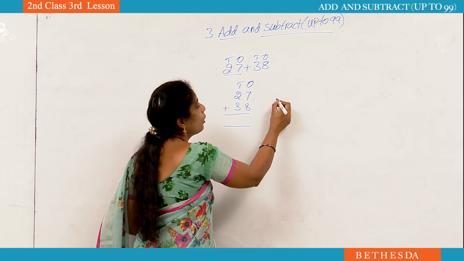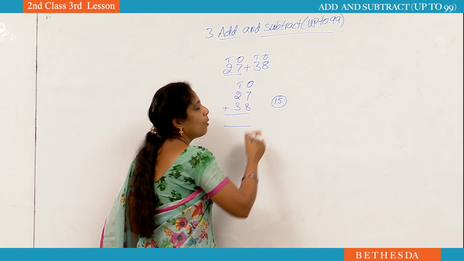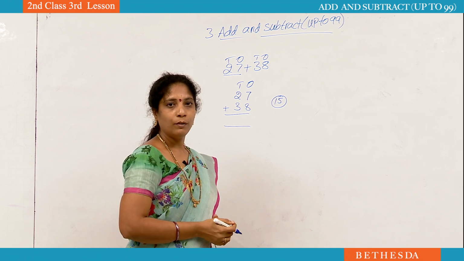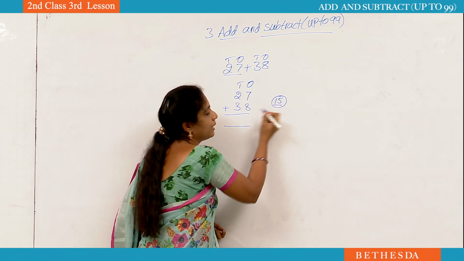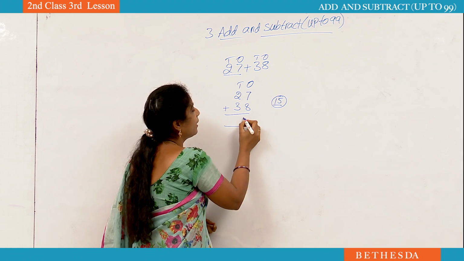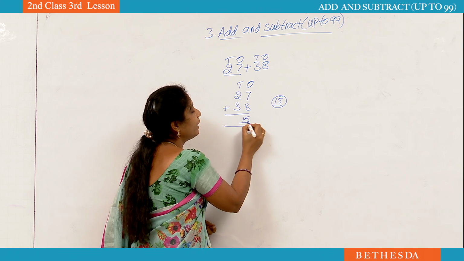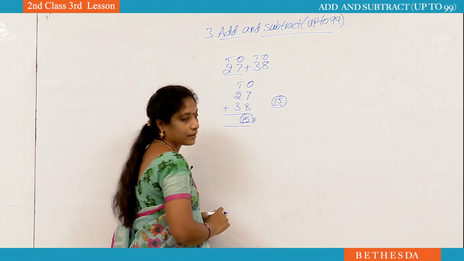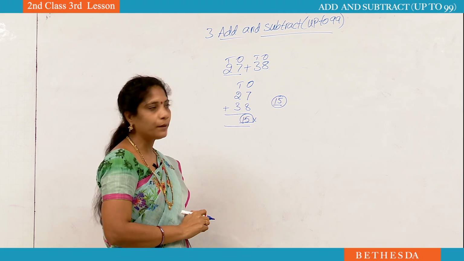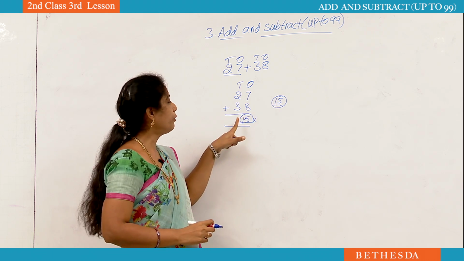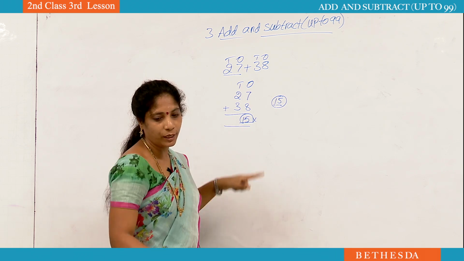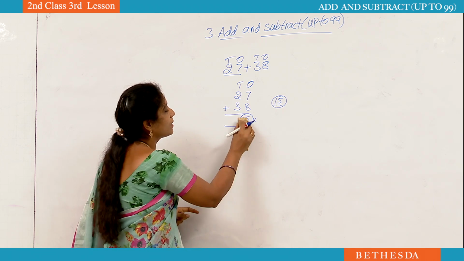Observe here, we got 15. 15 means more than 10. In 15 how many digits are there? 2 digits. If you get the 2 digit number 15, you should not write it like this. Did you understand? If you get more than 10, that is a 2 digit number. If you get a 2 digit number by addition, we should not write the answer down.